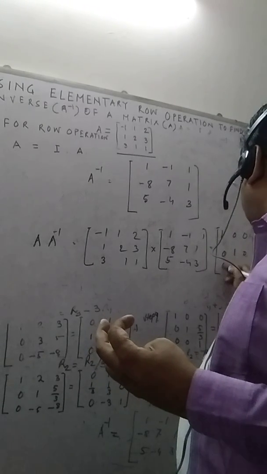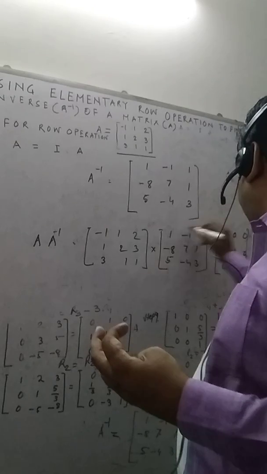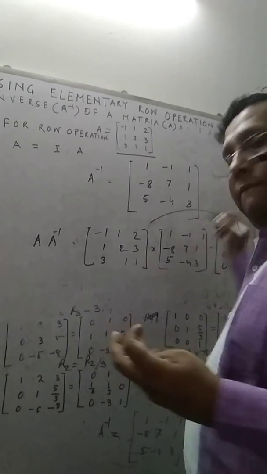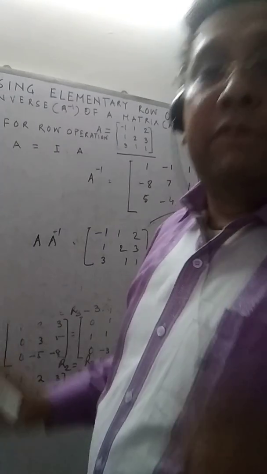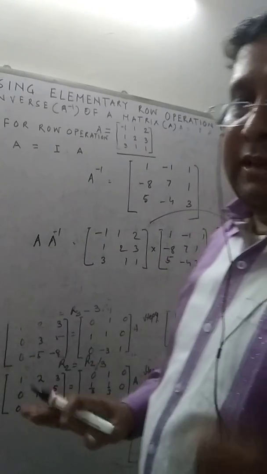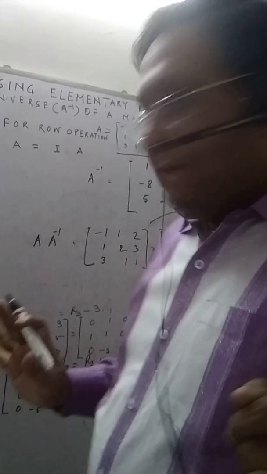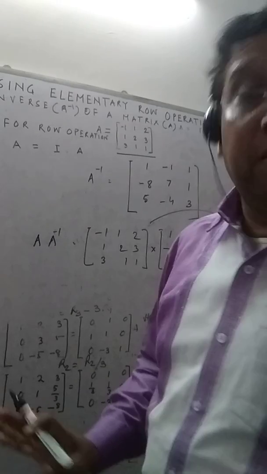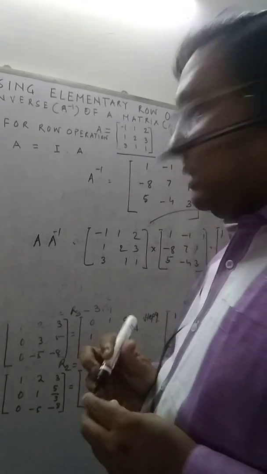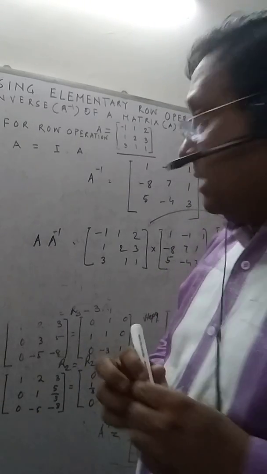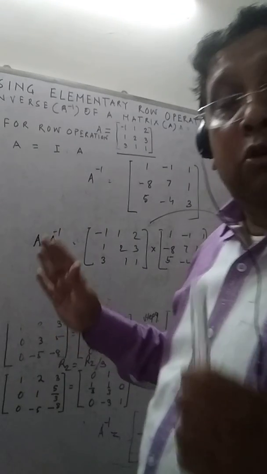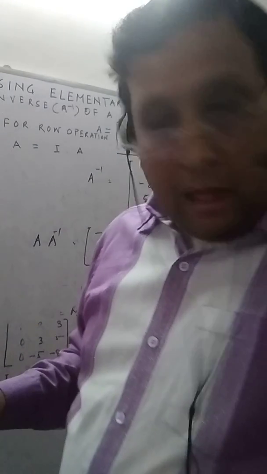This is what you are supposed to get. If you get it, you can say that your operation is correct. If you don't get this identity matrix, then somewhere you have made mistakes, and you have to check why. So this is the entire row operation, and by row operations we have got this inverse.